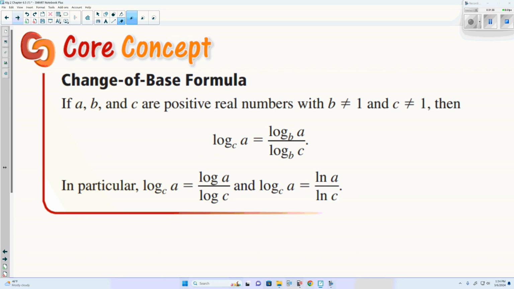Normally, we change that base to base 10, to go to common logs. And it works out that this is also the same as natural logs.